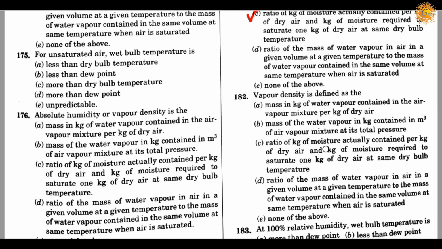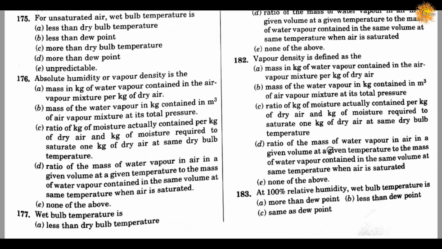Option C, ratio of the kilogram moisture actually contained per kilogram of dry air and kilogram of moisture required to saturate 1 kg of dry air at the same dry bulb temperature. Option D, ratio of the mass of water vapor in air in a given volume at a given temperature to the mass of water vapor contained in the same volume at the same temperature when air is saturated. Option E, none of the above. So the correct answer is E, none of the above.